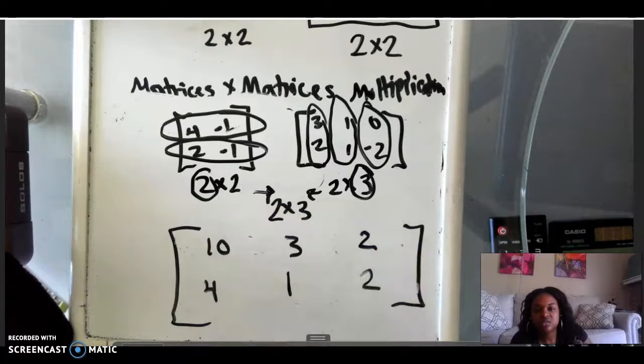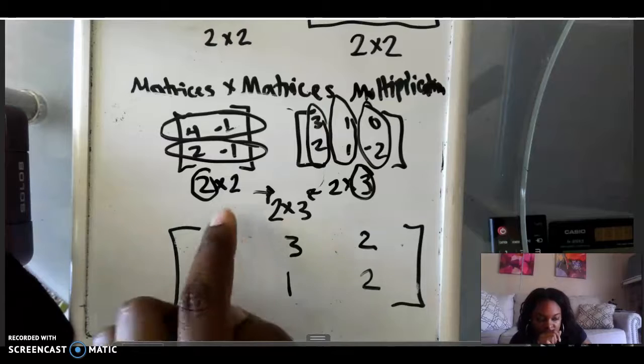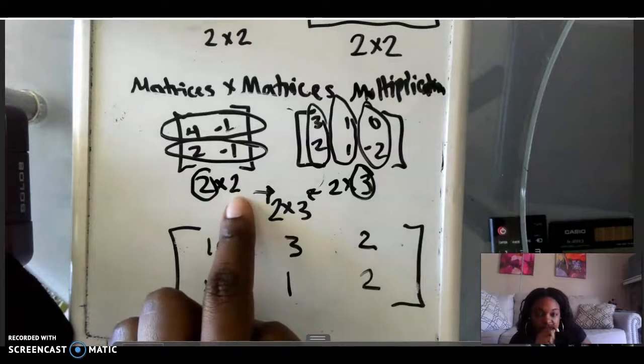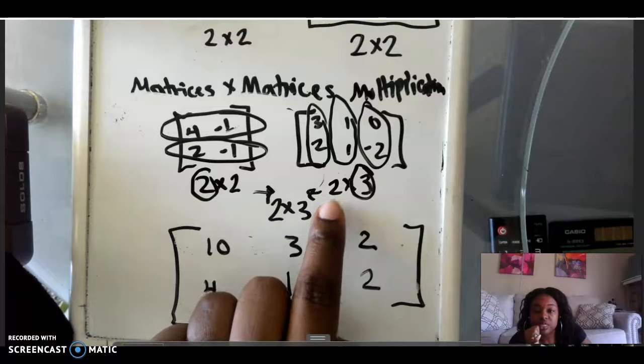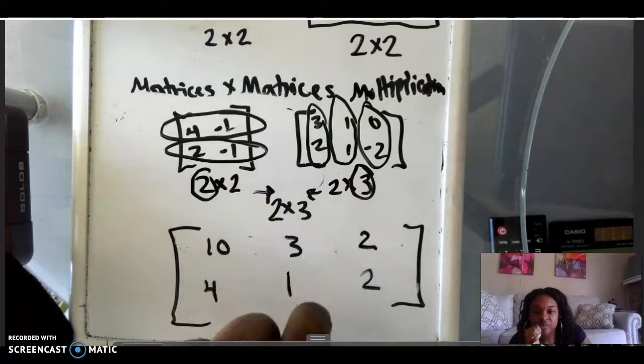And sometimes they'll give you trick questions about it, like giving you a matrix that doesn't match, and then you go through the work and you realize that it doesn't work out. So you have to be careful that you check that first, that the dimensions are going to match up, so that you know that if I do this work, I'm going to get an actual matrix, so that you're not wasting time. So the number of columns on the first matrix must match the number of rows on the second matrix. If not, you can't multiply them.